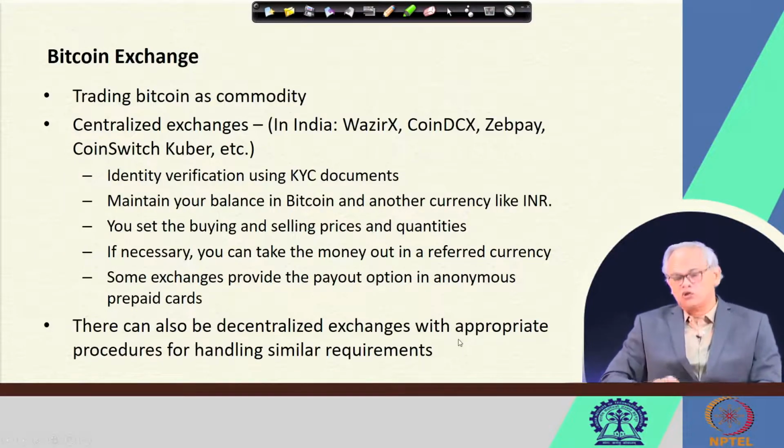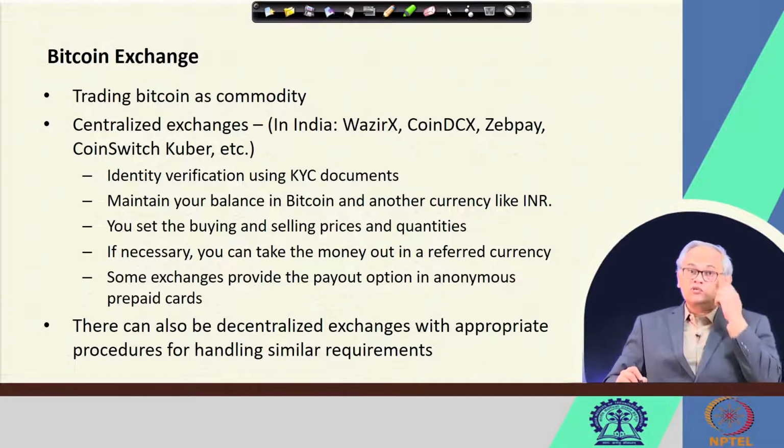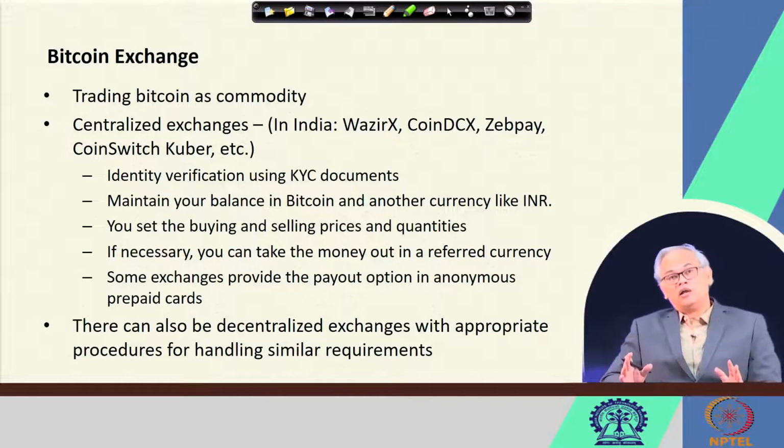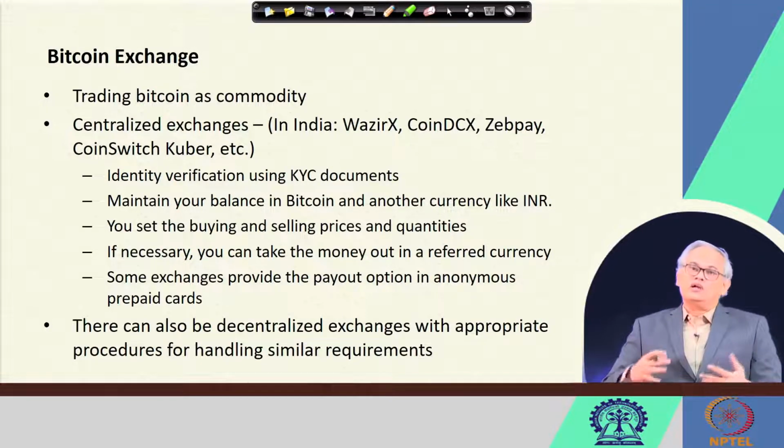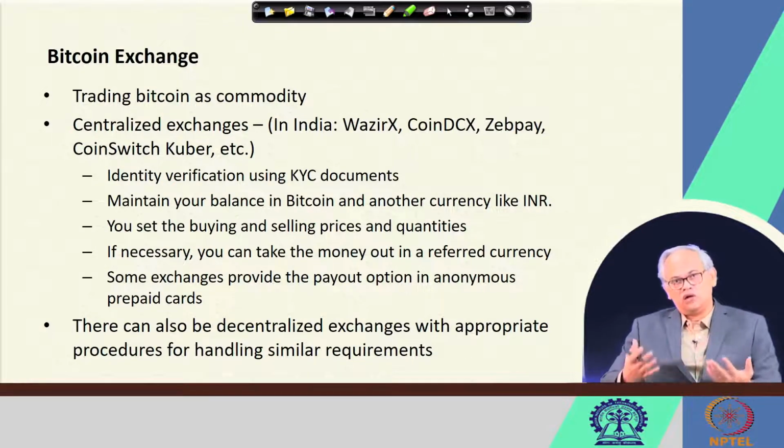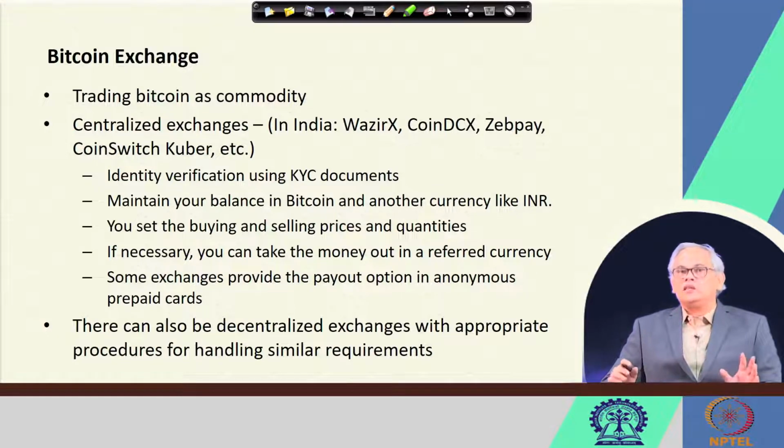Finally, we will talk also a little bit about Bitcoin exchanges before we conclude today. You have heard about these Bitcoin exchanges, and you might have heard about this notion of whether Bitcoin or any cryptocurrency is a valid currency in different countries, including in our own country India. And there are a lot of misconceptions, and there are legal issues, and different types of announcements have been made.